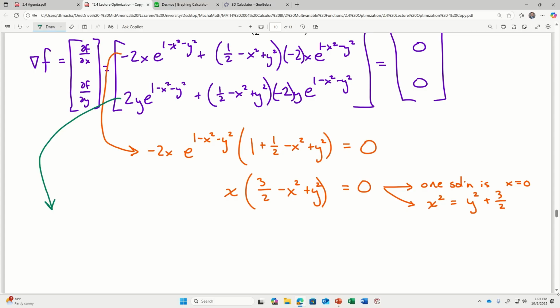I will get 2y e to the 1 minus x squared minus y squared times 1 minus 1/2 plus x squared minus y squared.